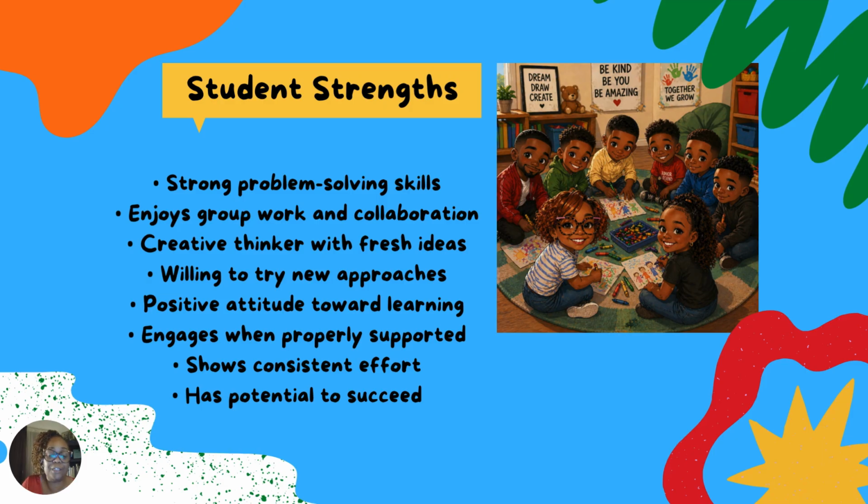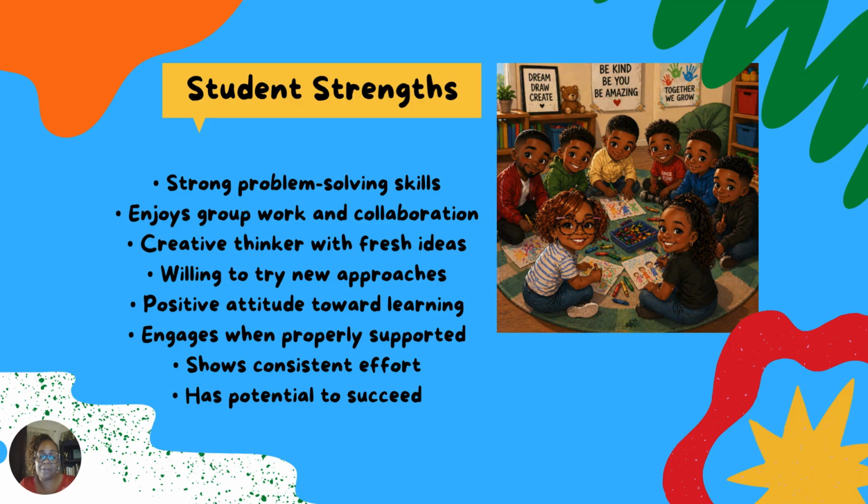Student strengths. Even though the student has challenges, it's important to recognize their strengths. Students with health impairments can still be successful when we focus on what they can do and build from there. They can have strong problem solving and enjoy collaboration.